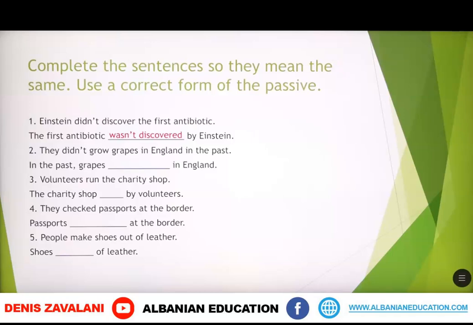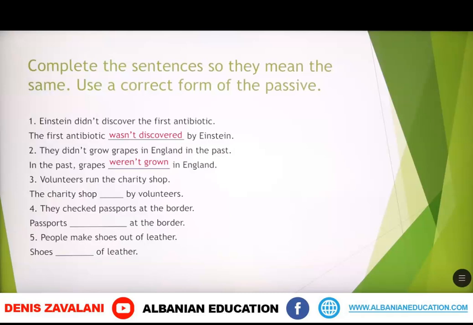The first antibiotic wasn't discovered by Einstein. Number 2, they didn't grow grapes in England in the past, which means that in the past grapes weren't grown in England. Number 3, volunteers run the charity shop.